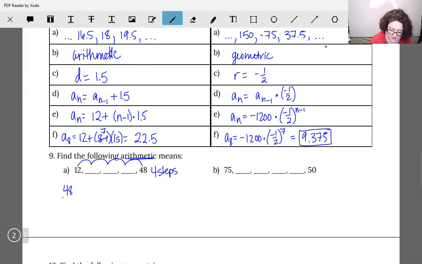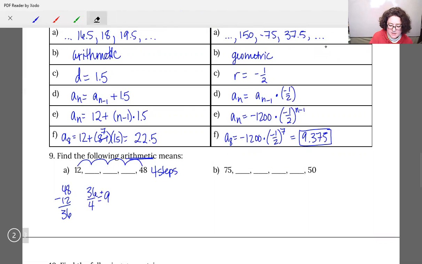So 48 minus 12 gives me 36. And so that 36 divided up amongst 4 steps is going to give me a plus 9. So I need to add a 9 to each value to get the next one. So that's going to give me 12 plus 9 is 21, plus another 9 is 30, plus another 9, 39.